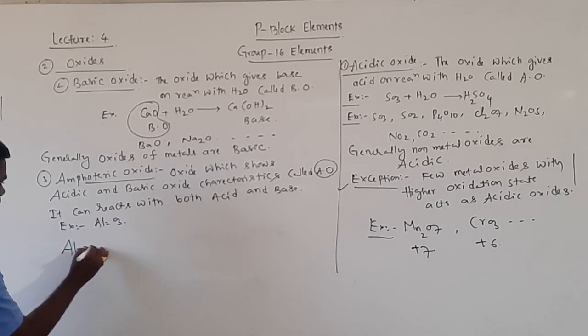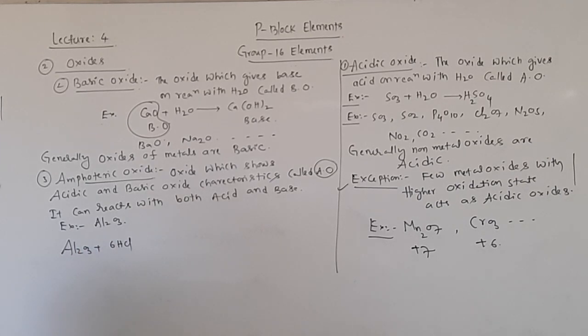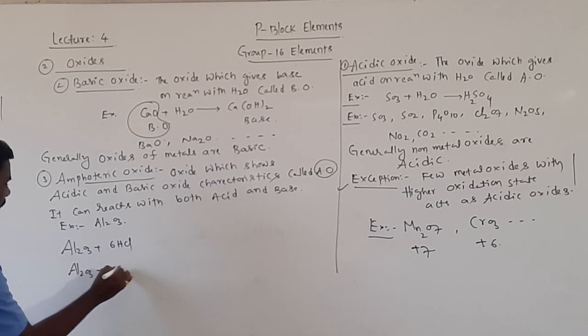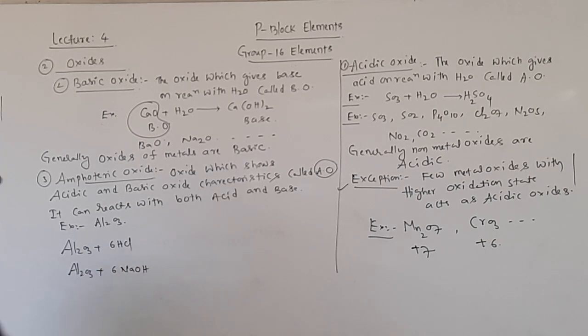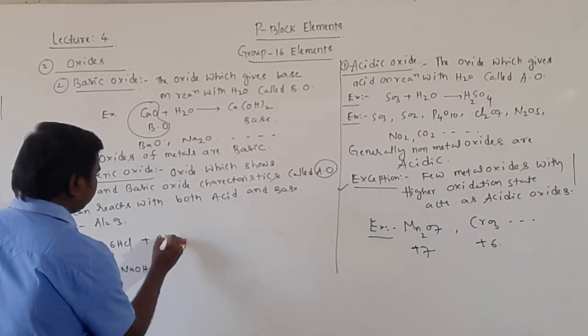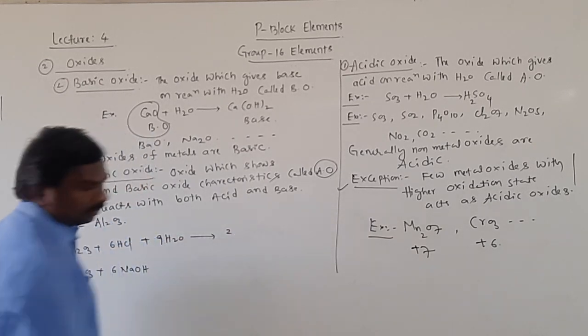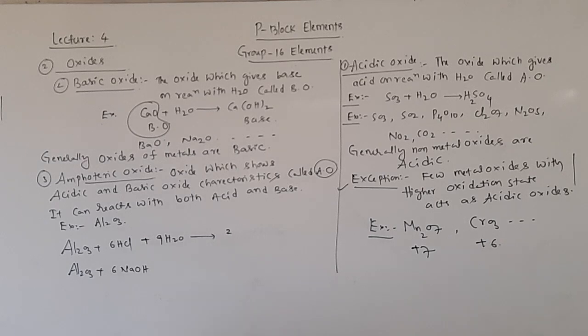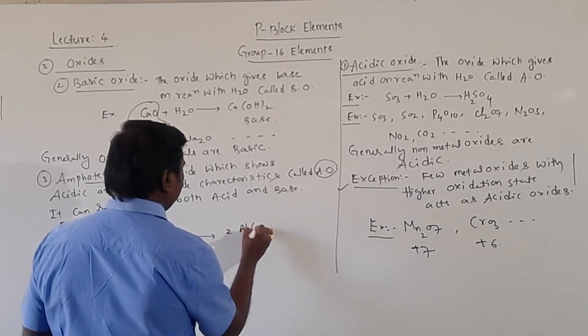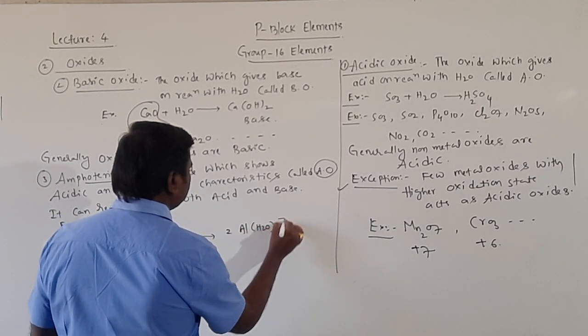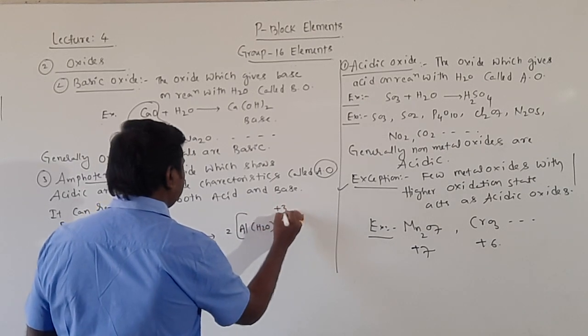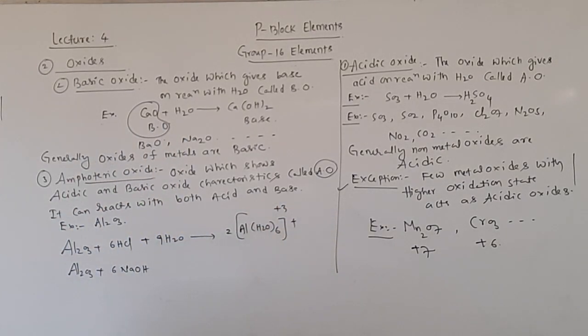Al2O3 can react with acid and Al2O3 can react with base. So with HCl and water, it gives rise to 2[Al(H2O)6]3+ plus 6Cl-.